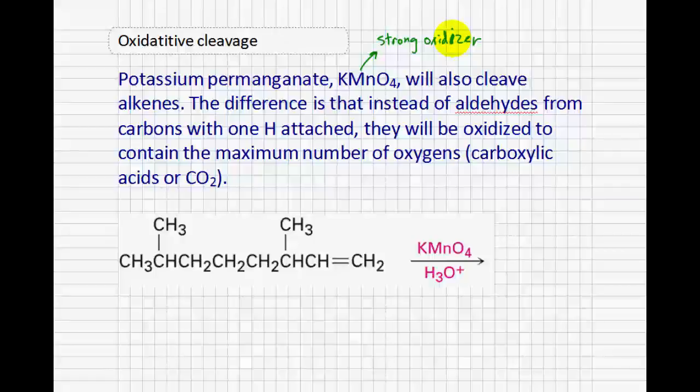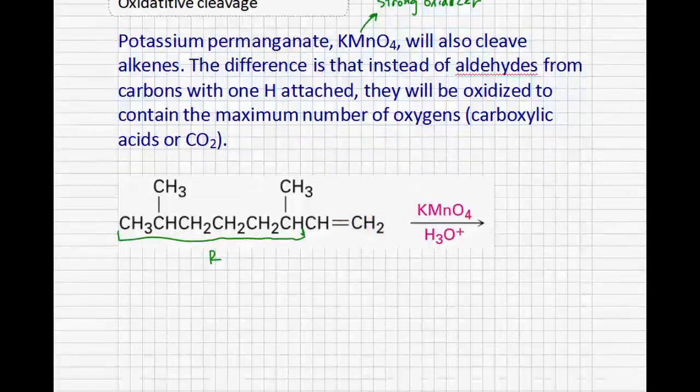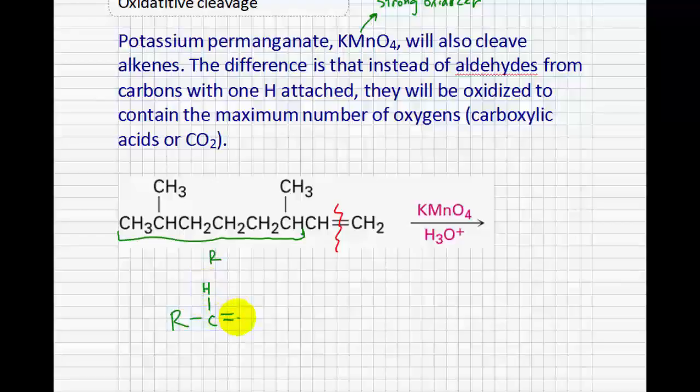So let's just summarize here. There's a large molecule. Let's just make this whole thing over here R, so I don't have to draw that out. So R, CH, double bond, CH2. Potassium permanganate will break the double bond. So as an intermediate, I'll have R, CH, C double bond O, plus O, C double bond, CH2.